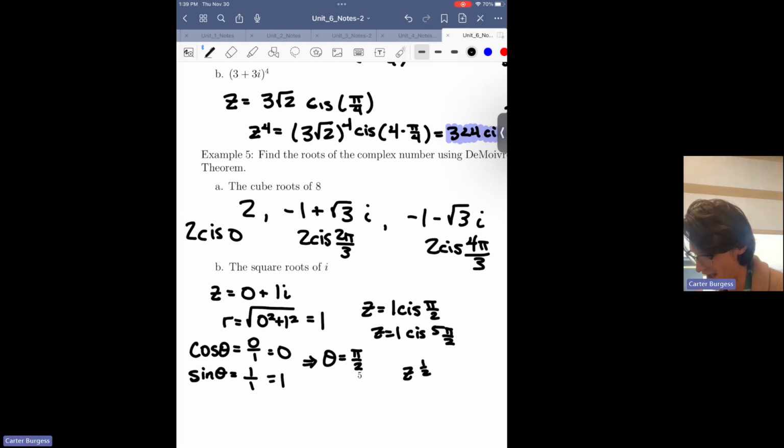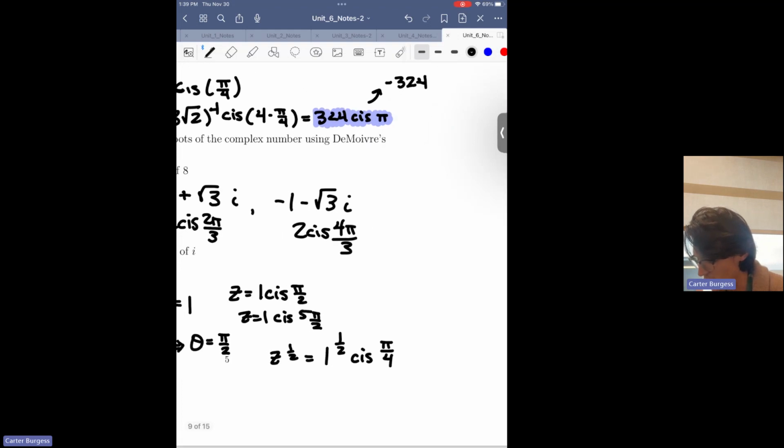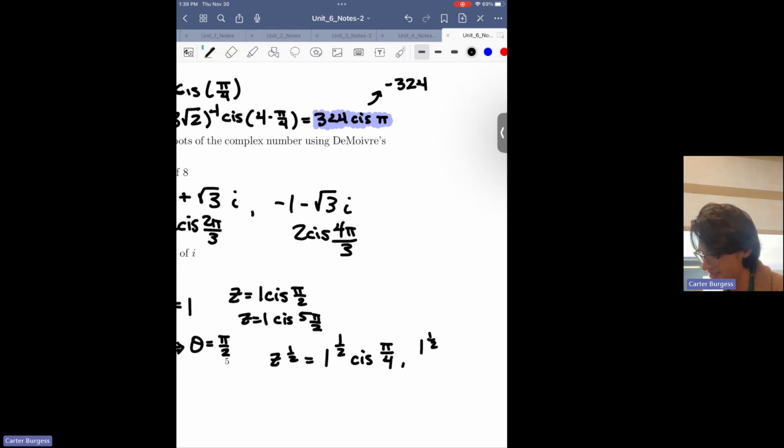Z to the 1/2, which is going to equal 1 to the 1/2 CIS of pi over 4, and 1 to the 1/2 CIS of 5 pi over 4. And raising 1 to the 1/2 is the same as what? It's just 1. 1 raised to any power is just 1.